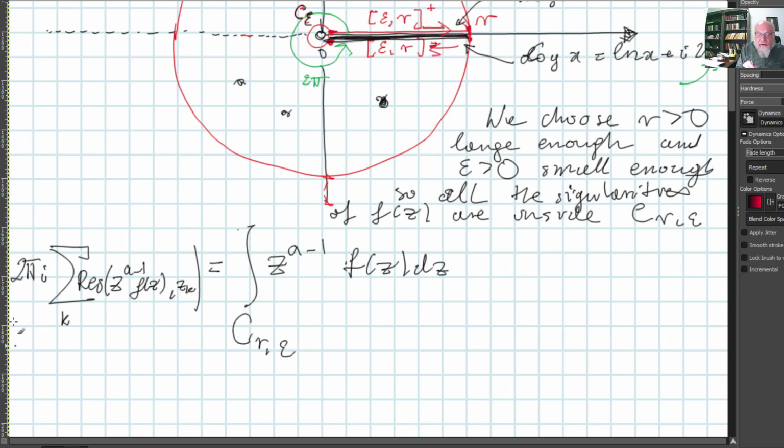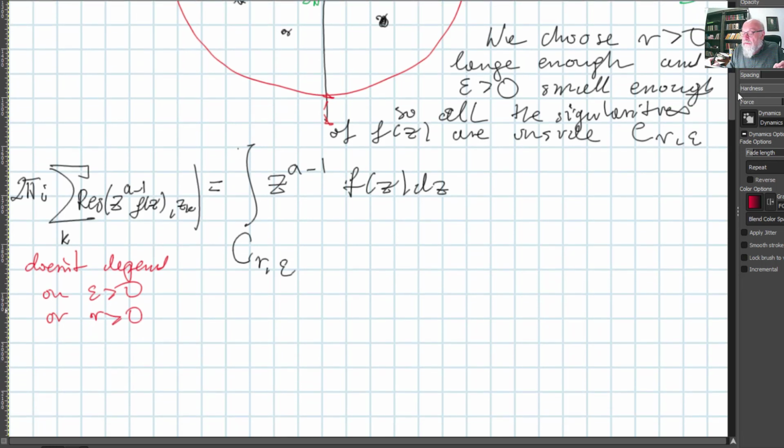We know that it does not depend on epsilon larger than 0 or R larger than 0, large enough and small enough, of course, like it was mentioned.